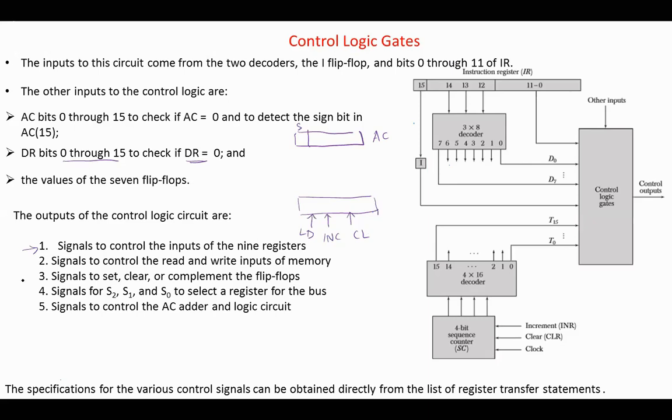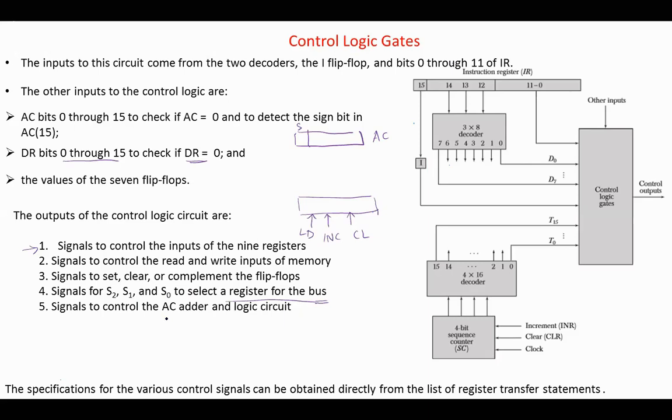Signals to control the read and write inputs of memory. Signals to set, clear, or complement the flip-flops. Signals for S2, S1, and S0 to select a register for the bus. And signals to control the accumulator, adder, and logic circuit.